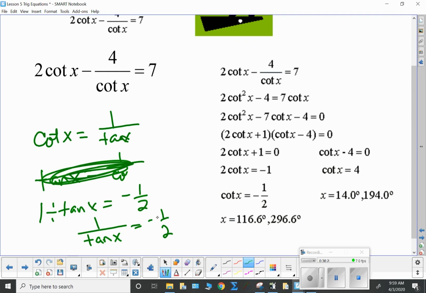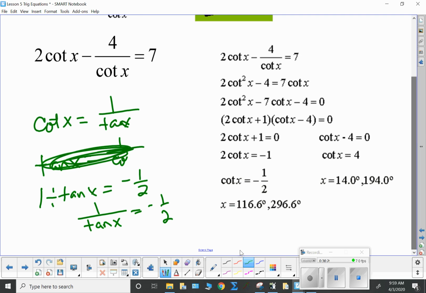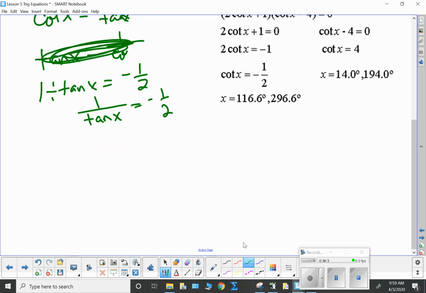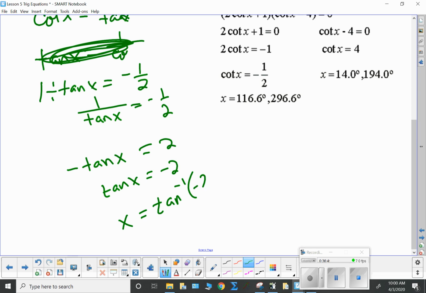If I cross multiply, I'm just going to go through this the easiest way to work it all the way out. I'm going to get negative tangent x, cross multiplying, is equal to 2. Tan x is equal to -2. X is equal to the inverse tangent of -2.